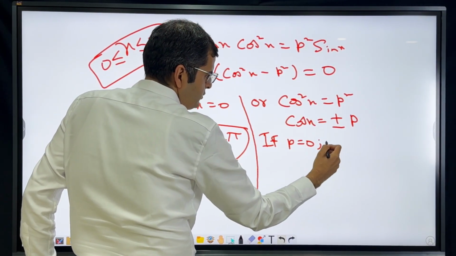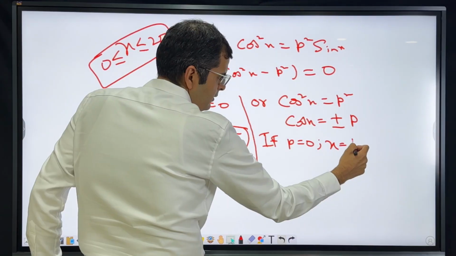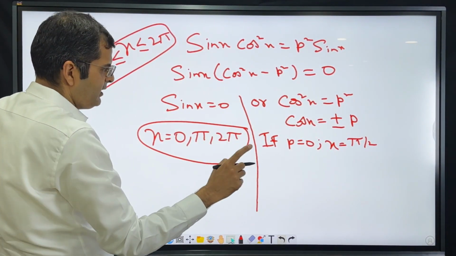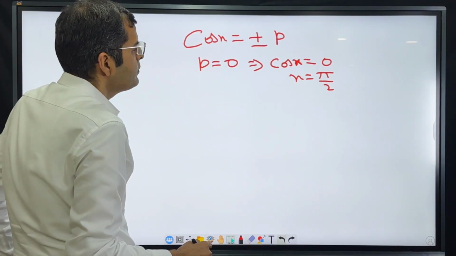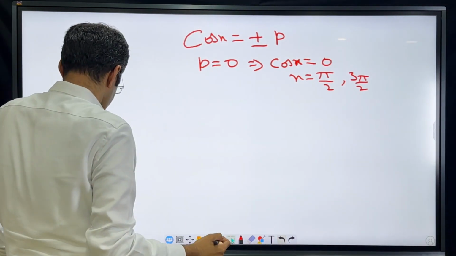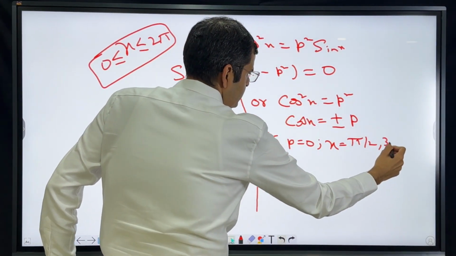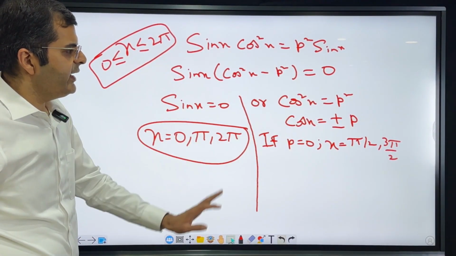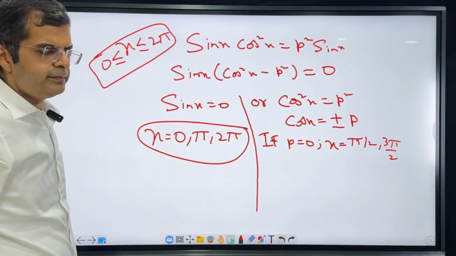Actually there will be another solution, 3 pi by 2. So if p is 0, x is pi by 2 or 3 pi by 2.